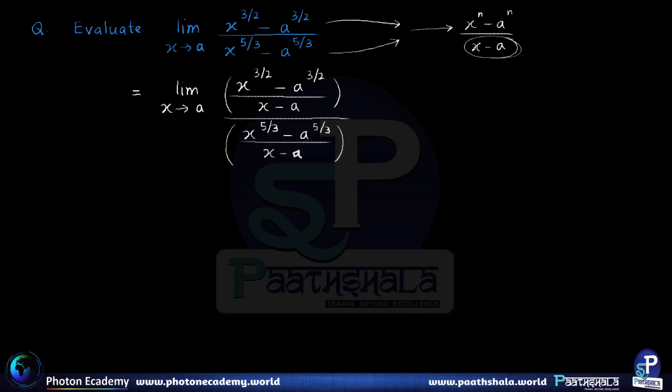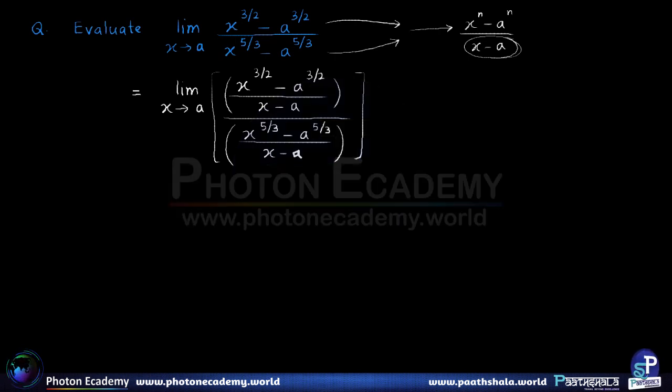So that effectively we have not changed anything. Now there is one minor point here. When we say that we are dividing by x minus a, we know that we cannot divide by 0. That means we have to justify that x minus a is not 0. Only then will we be allowed to divide by x minus a.